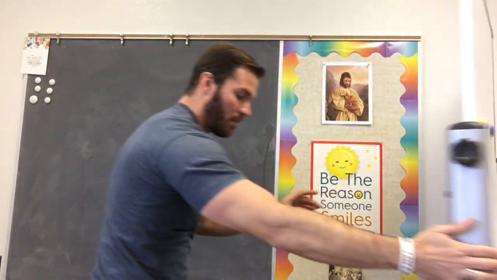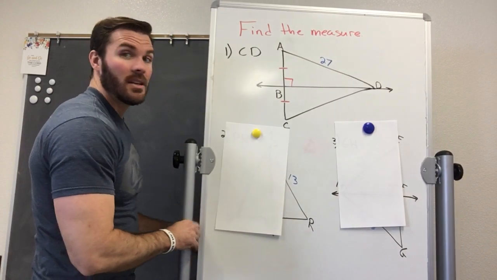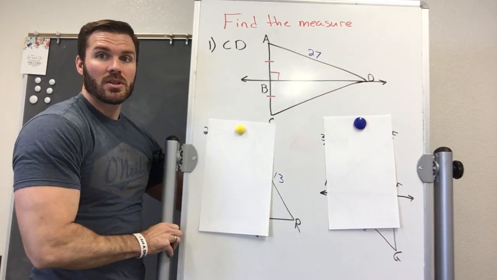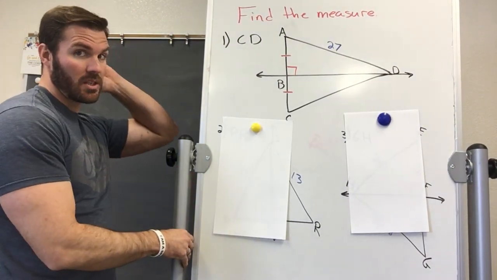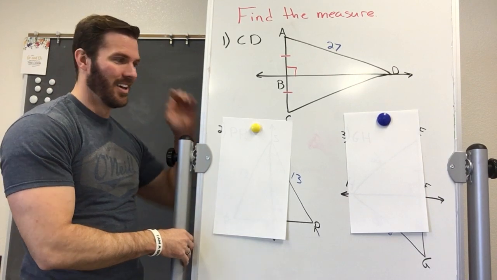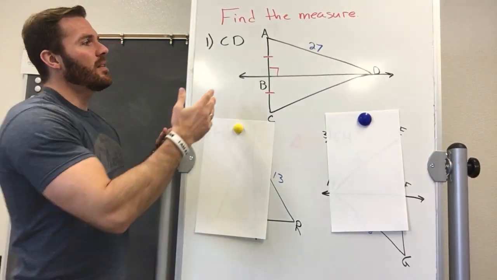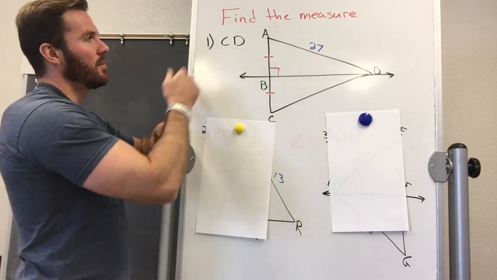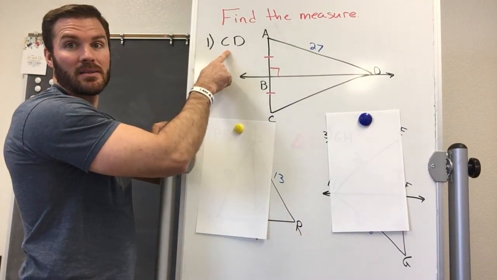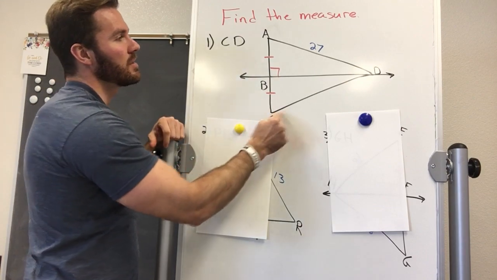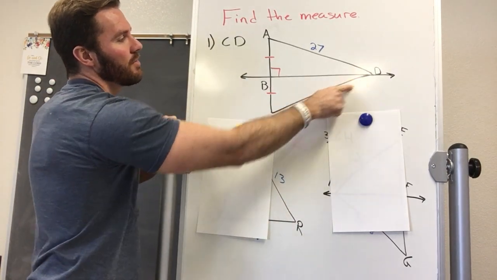These ones are not in your book. The ones in your book, you can watch the videos and the tutorials online, which is helpful, so I don't have to do them all. And you don't have repeats and stuff. We need to find the measure of what they're asking for. In this case, we're looking for CD. So CD. We need to find the measure of this one.